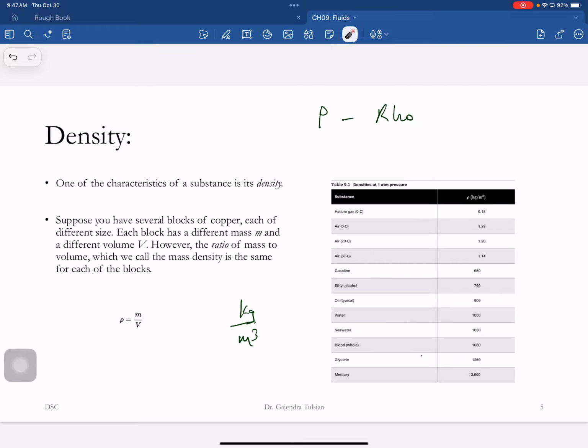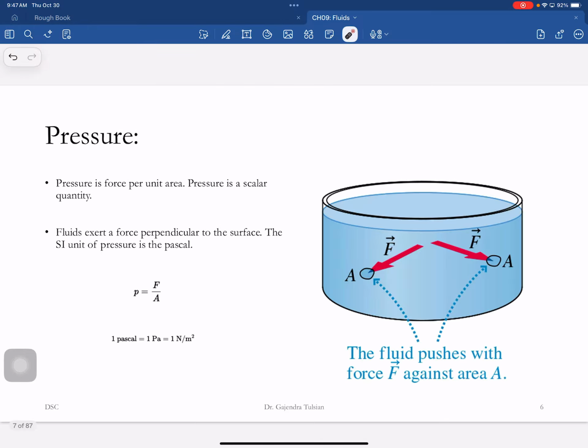So a solid is approximately 10 times more dense than a liquid. Ballpark, I mean. For specific solids, mercury, lead is one of the densest materials. Titanium is denser, I think.